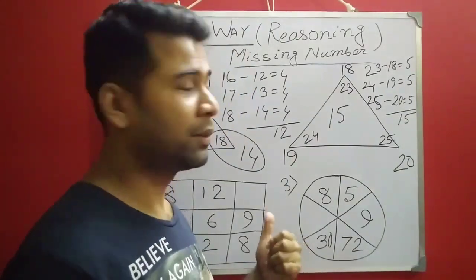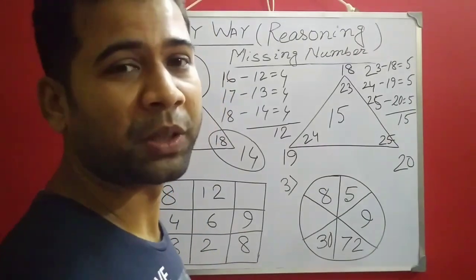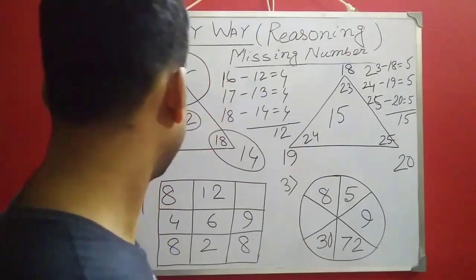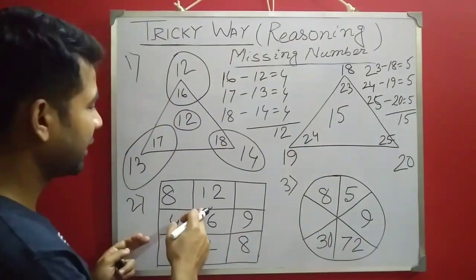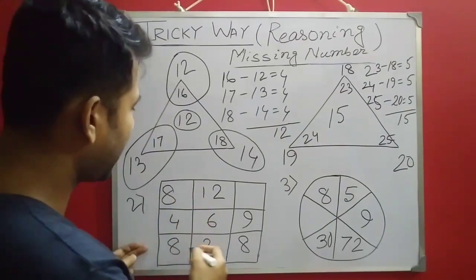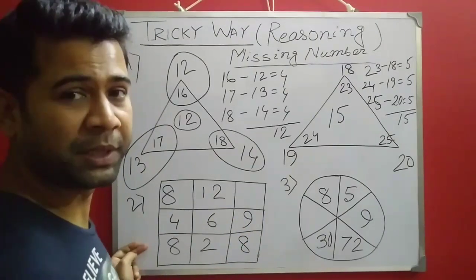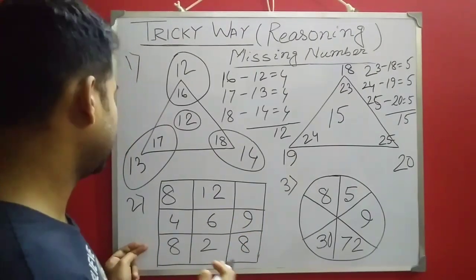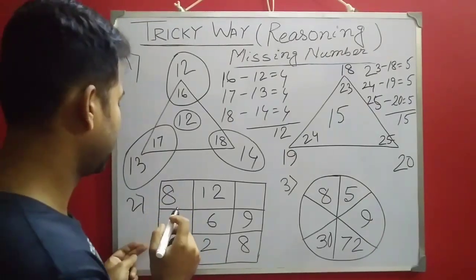Now, I hope it is clear to you, and you can perform these operations in your exam hall. Now we are moving to our second problem. The second problem is like this. In our first video, I already shared one of these types of examples.